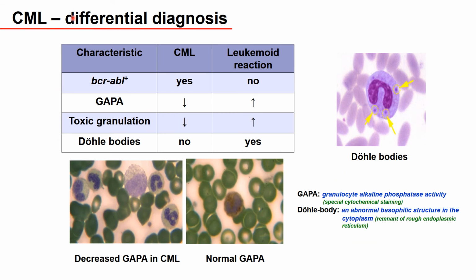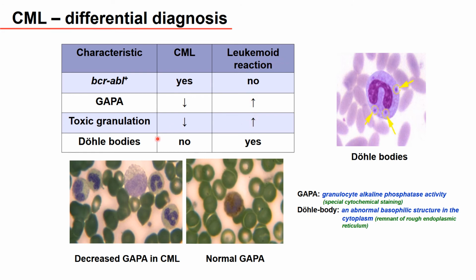Now, I mentioned before that CML is similar to the leukemoid reaction, or the leukemoid reaction is similar to CML. So we do have an infection or a bacteria-induced very strong reaction in the body that induces the leukemoid reaction in the periphery.